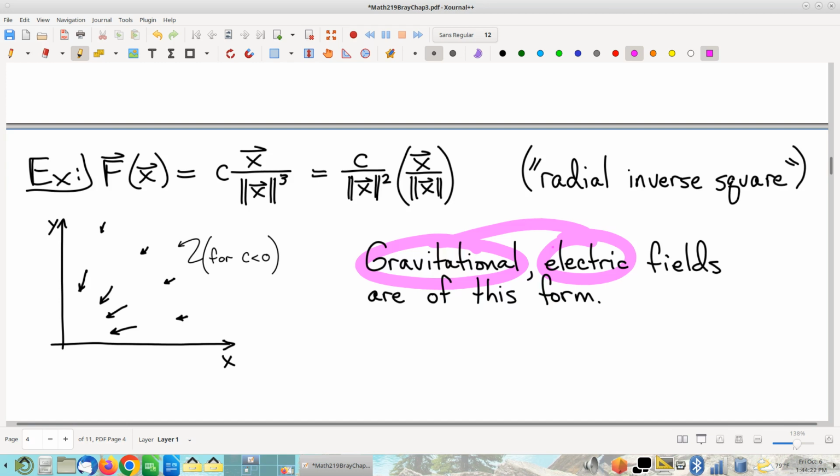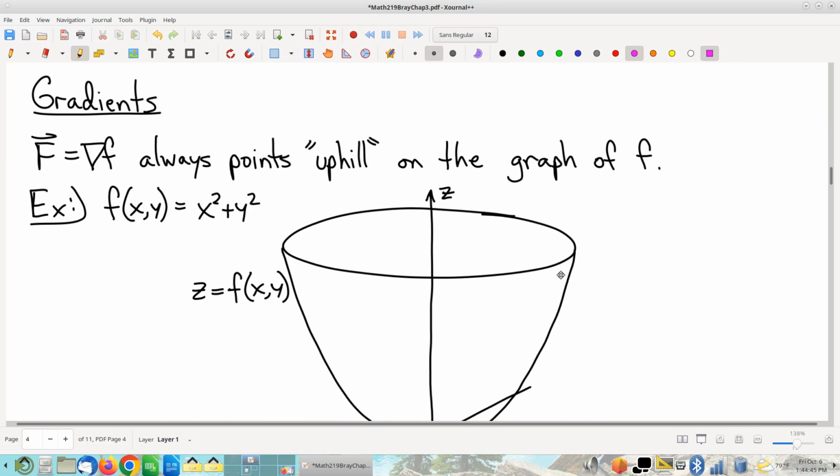So the fact that we have a huge amount of personal experience with gravitational fields, that experience you can use as intuition for understanding electric fields in certain senses. And I'm going to be making big use of this observation when we get into Chapter 7 later in the course.